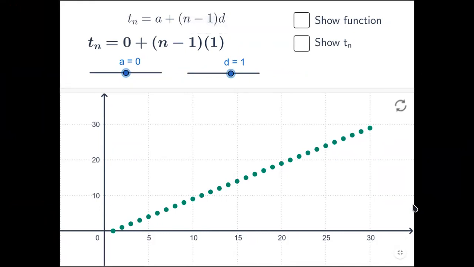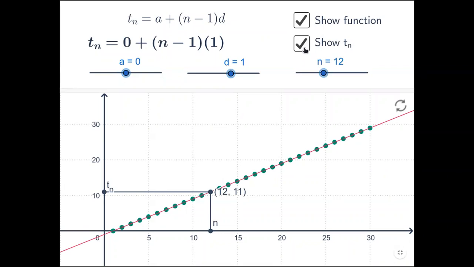If I am able to plot these points on a graph and get a straight line, definitely that should be an arithmetic progression. That is the relation between the straight line and the arithmetic progression. So how this can be represented as a straight line.